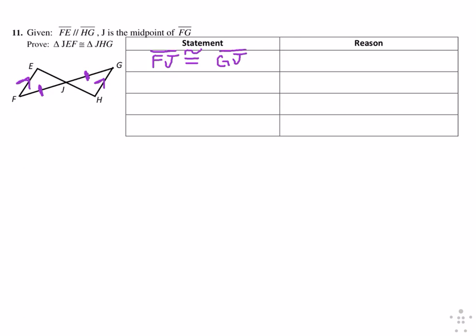And I know that because if J is the midpoint, then that's what has to happen, because the definition of a midpoint is that you're cutting something directly in half because you're finding the middle. So I would put by definition of a midpoint.